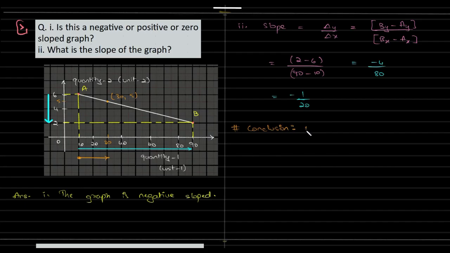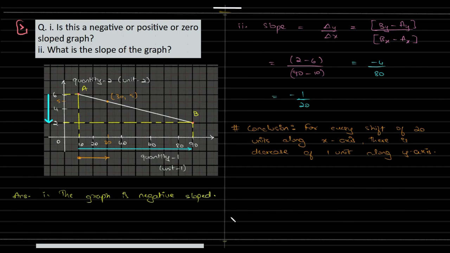That's what this means. For every shift of 20 units along x-axis, there is a decrease of 1 unit along y-axis, right?